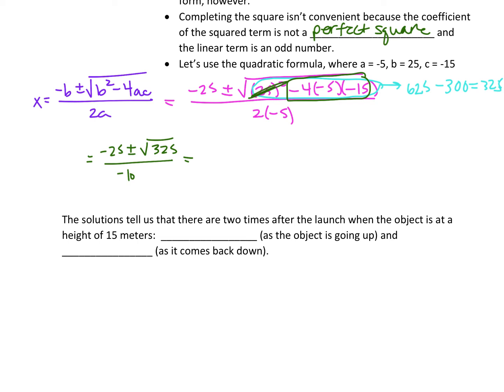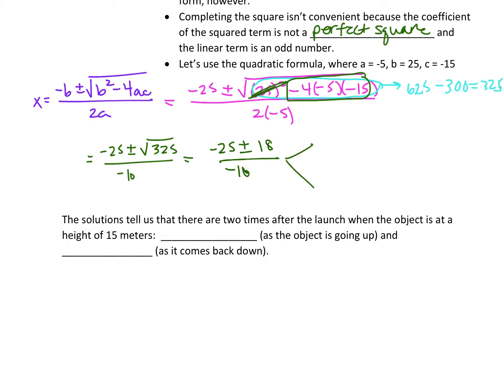So we have negative 25 plus or minus, and when we take the square root of 325, you get a decimal on your calculator. It's 18.027. So I would say round to the nearest tenth, which in this case is just 18.0. So I'm just going to leave it as an 18. Normally we would have a point something here because 325 was not a perfect square, all over negative 10. Now we break it apart.